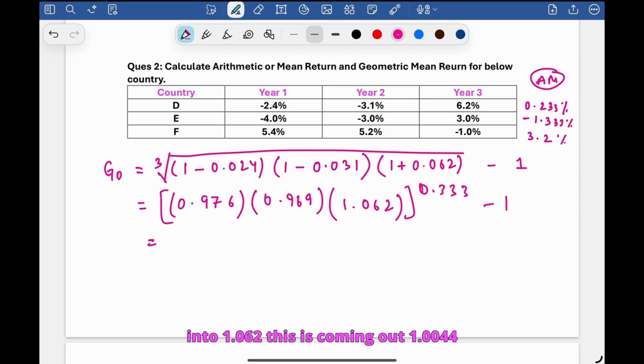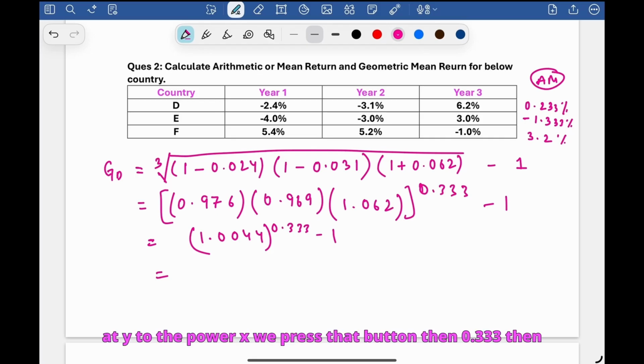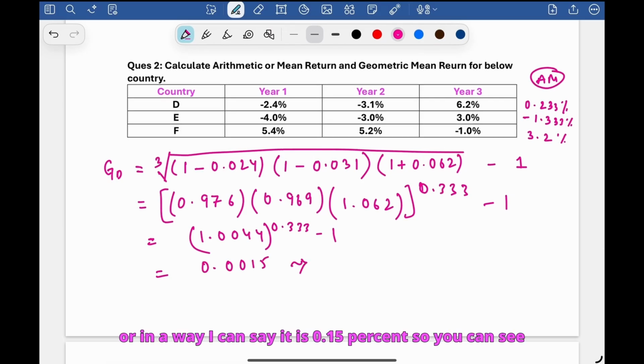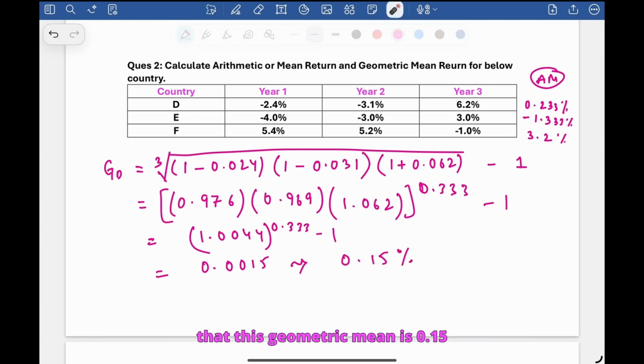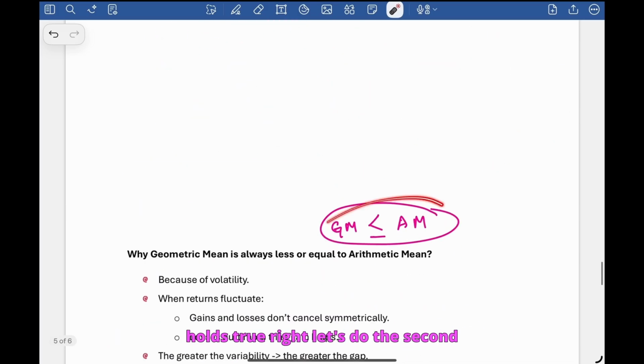This is coming out to be 1.0044. Press the y to the power x button, then 0.333, then minus 1. This is coming out to be 0.0015, or in a way I can say 0.15%. So you can see that this geometric mean, 0.15, is less than the arithmetic mean. So this condition holds true.